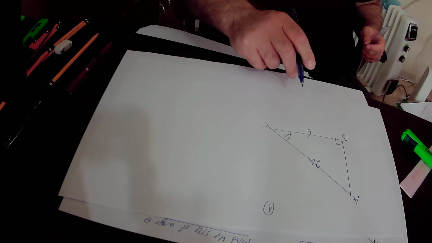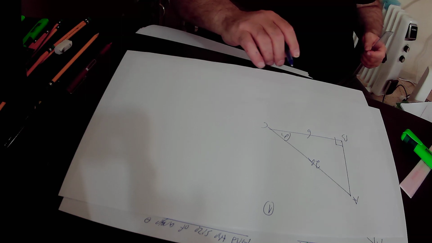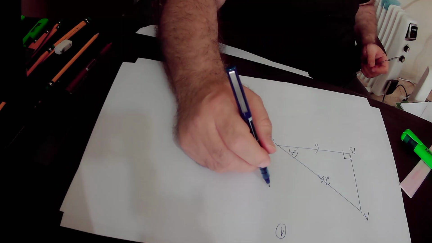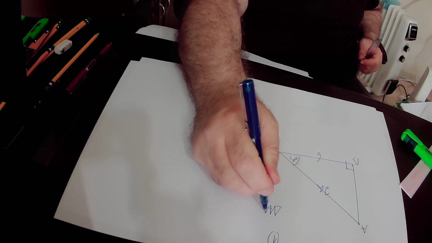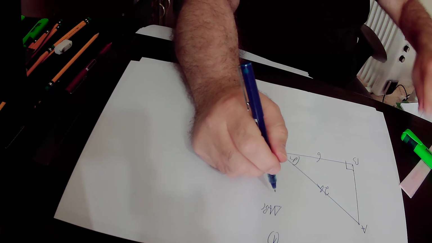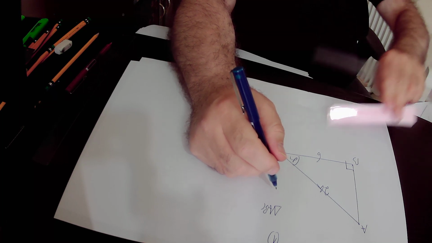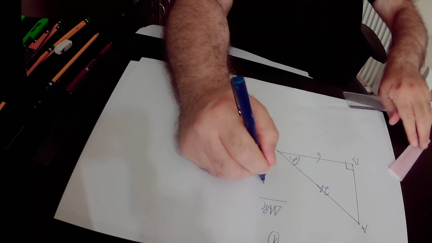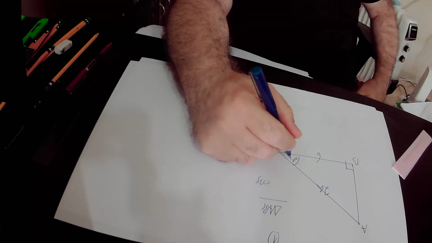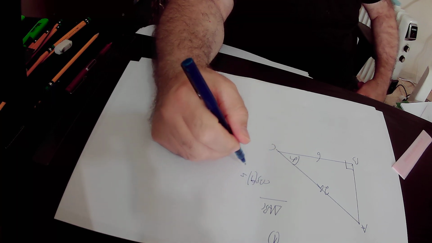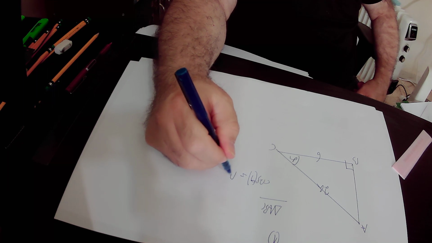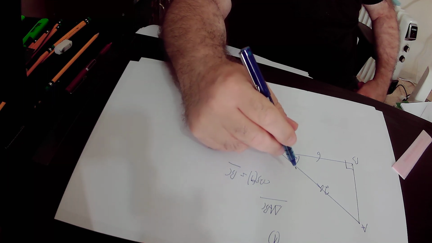I copied the right triangle ABC in this new page. Here we can see that in the right triangle ABC, cosine alpha equals BC over AC.